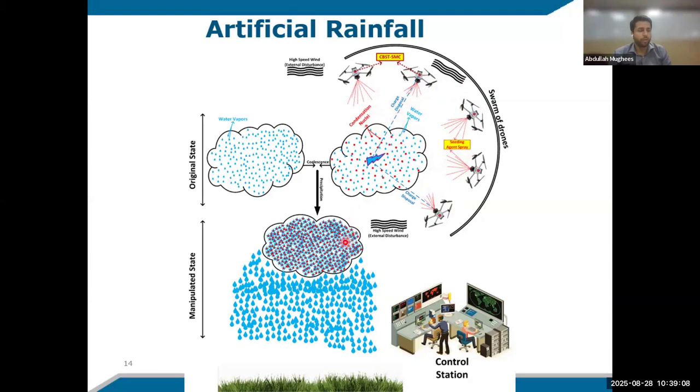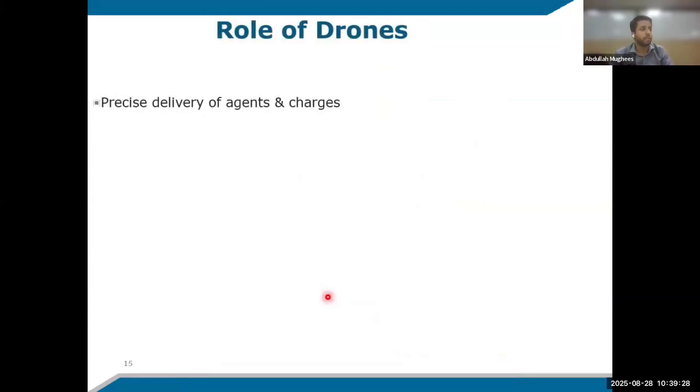By giving these two things together, we have a manipulated state, and that will ultimately make the water go down under the influence of gravity. So that is the block diagram of how hybrid techniques can be used for artificial rainfall.